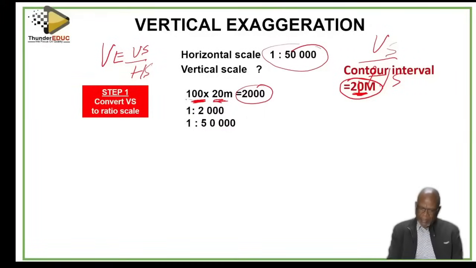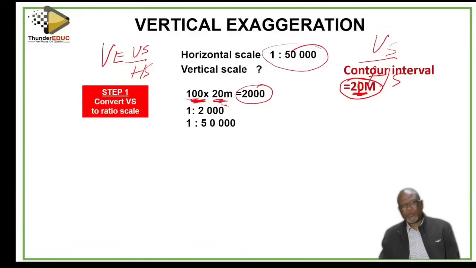So 100 centimeters multiplied by 20 meters is 2,000. Now we have worked out our vertical scale: 1:2,000. Our horizontal scale was given as 1:50,000.